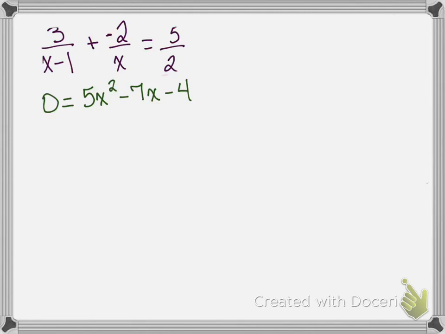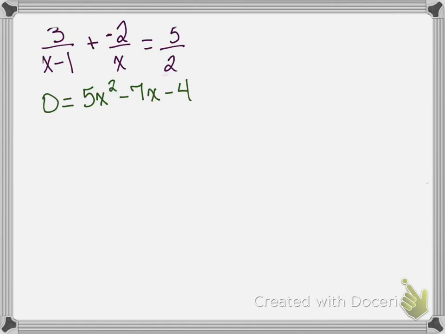Now, this has an a value that's not 1. What's the a value here? 5. And it's got a b value that's not even. So in general, what would I recommend doing with this one? The quadratic formula. You don't have to. You can do completing the square.